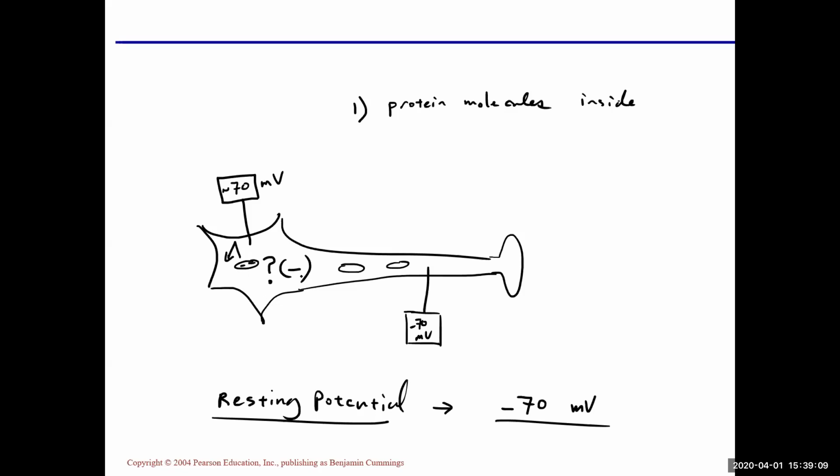These proteins are negatively charged. So proteins inside of the neurons are negatively charged. Again, chain of amino acids, some of the amino acids have a negative charge on them, so therefore the protein is going to be negatively charged.